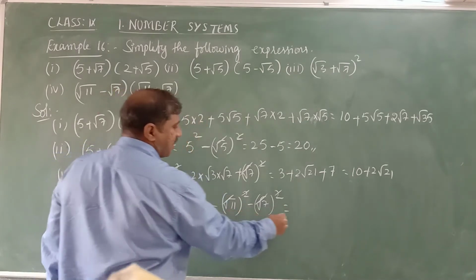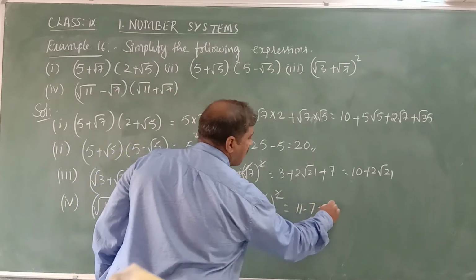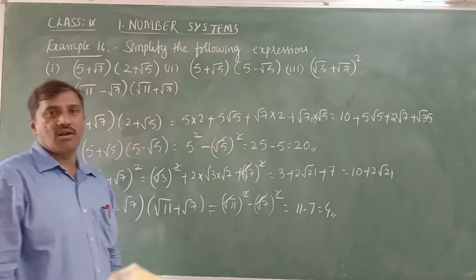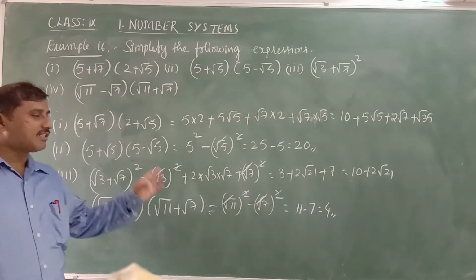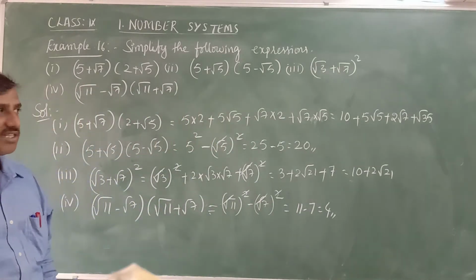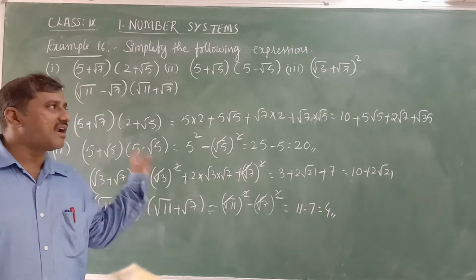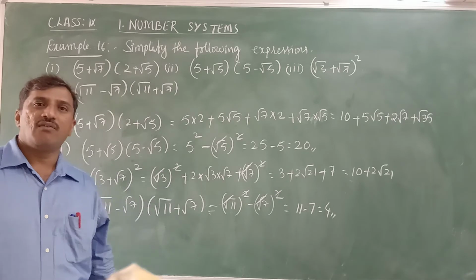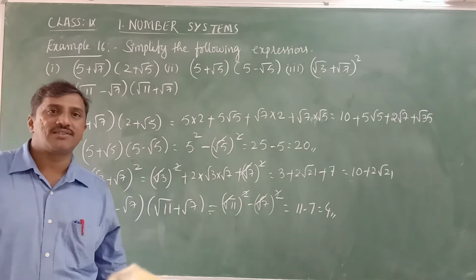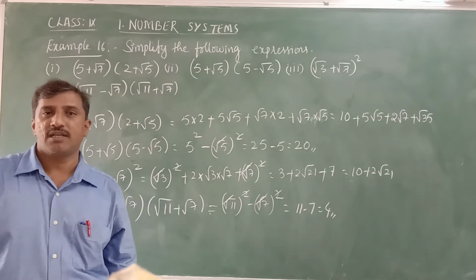Now what is left? 11 minus 7, that is equal to 4. So like this we can simplify this kind of expression by using the algebraic identities. Those identities are also applicable to square roots of real numbers.